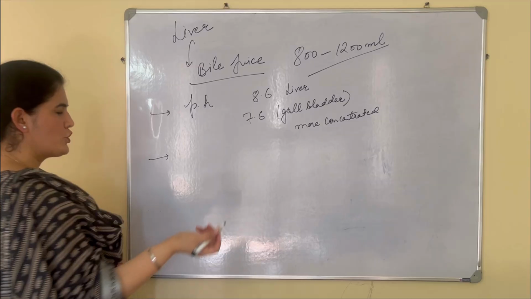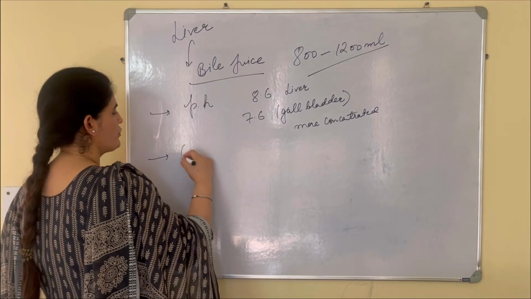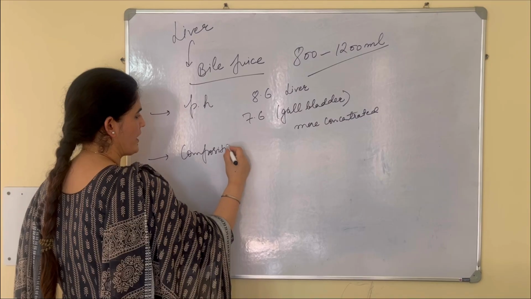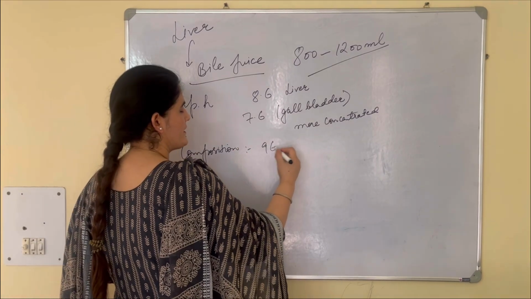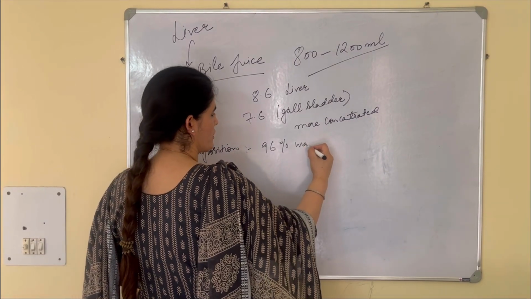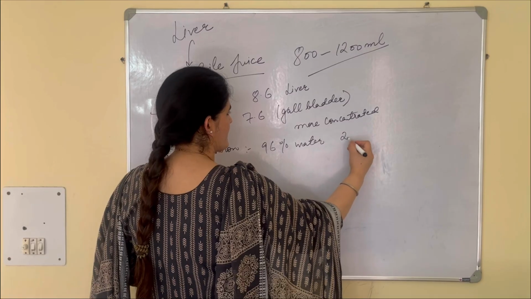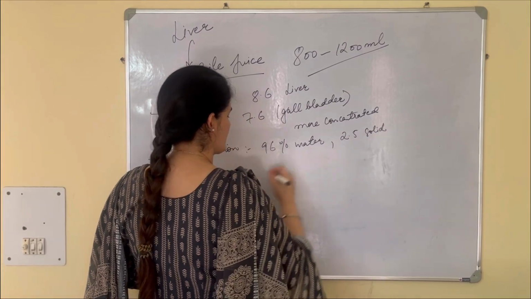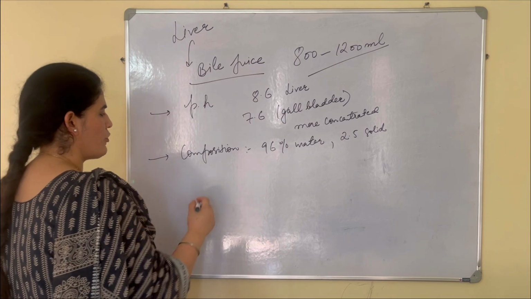Now, what is the composition of bile juice? It is 96% water and about 2.5% solids.